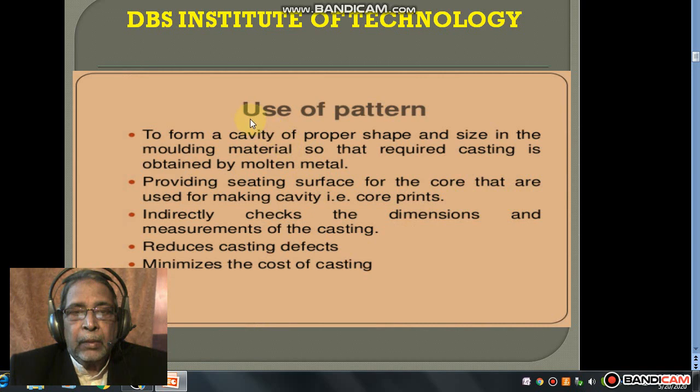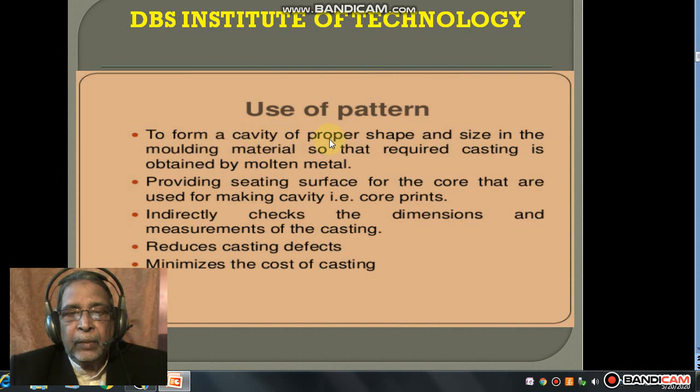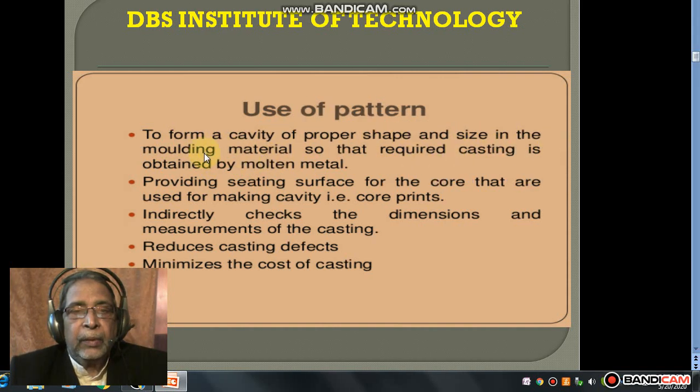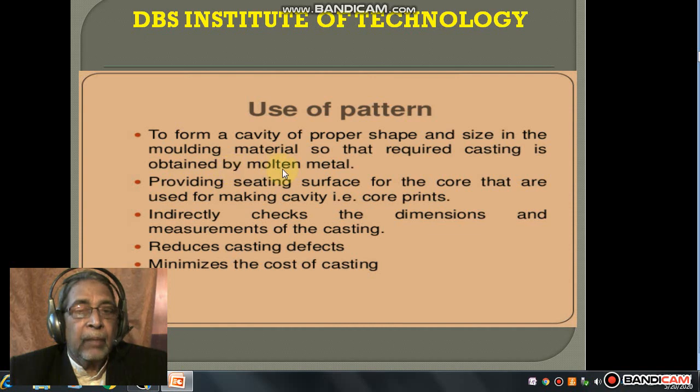What's the use of patterns? To form a cavity of proper shape and size in the molding material so that the required casting is obtained by molten metal.